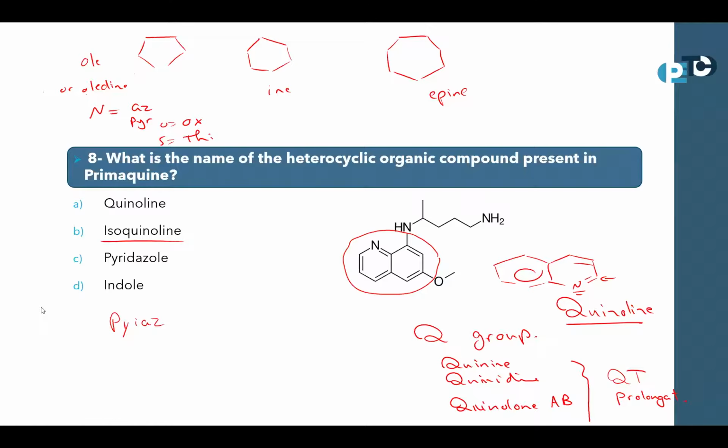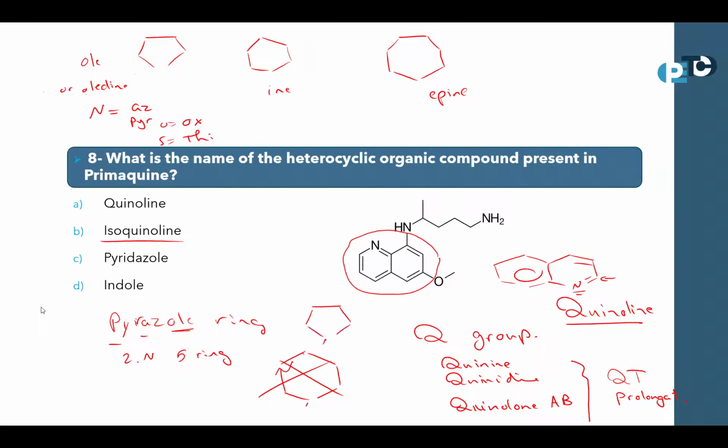Pyrazole ring. How can we draw this ring? Pyrazole ring, pyraz, so we have two nitrogens. Ole means 5-member ring. Five-member, not six-member.